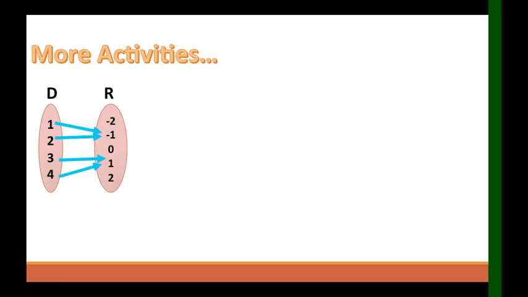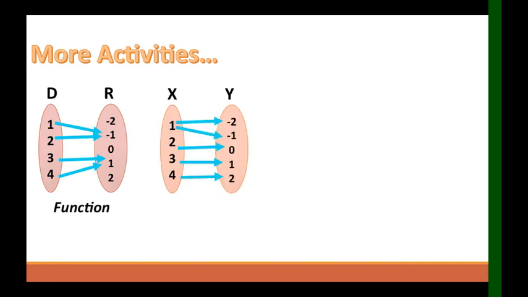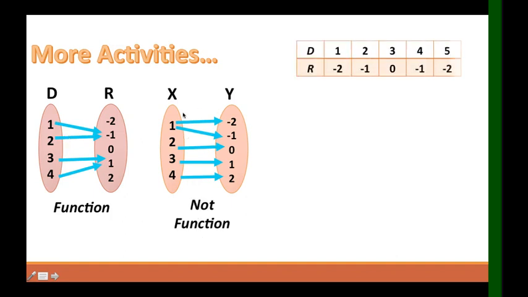Now, more activities. Is this a function or not? The answer is function, because the 1, 2, 3, 4 arrows did not repeat. How about here? Correct. Not a function because 1 repeats twice. How about here? By the way, we can also represent a function using a table. In a table, the secret to determine if it is a function is to look at the first row.